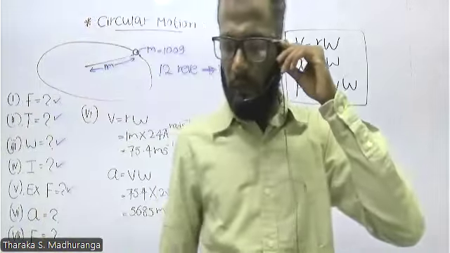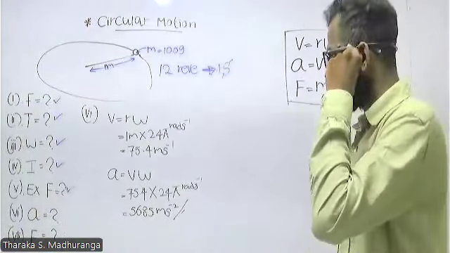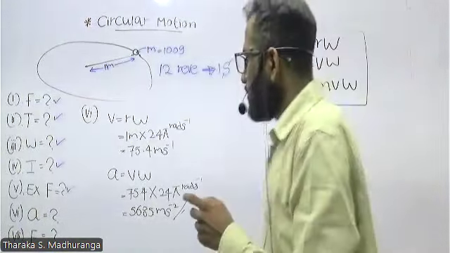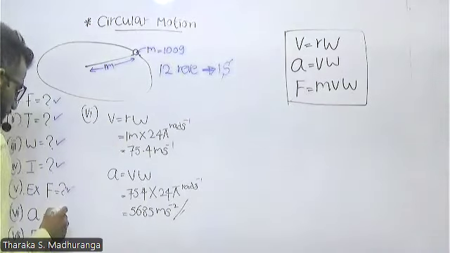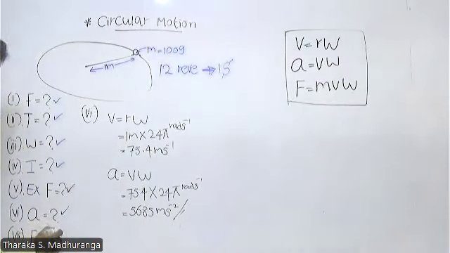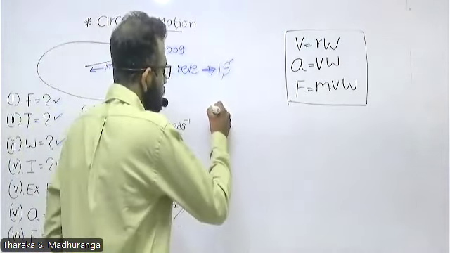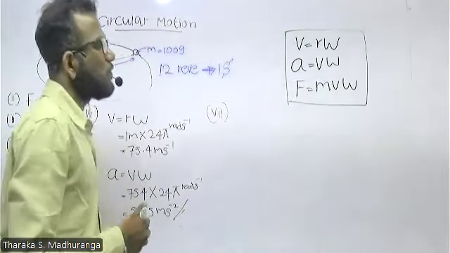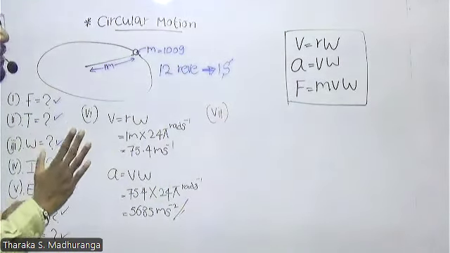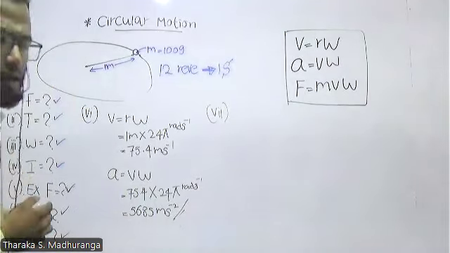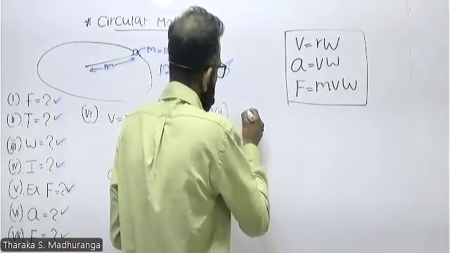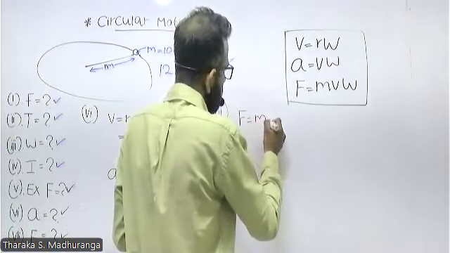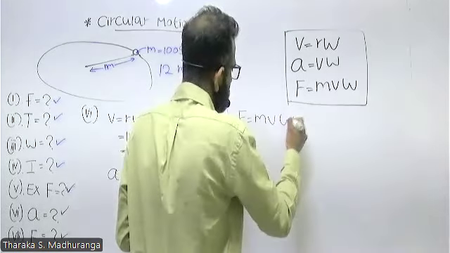Okay, good. Our next one is centripetal force, part 7. To get the centripetal force F, the mass we know, the speed and omega we know, no problem. F equals m V omega.